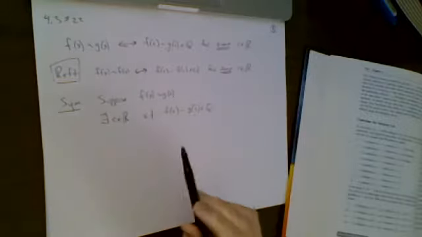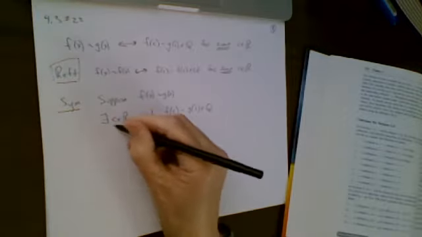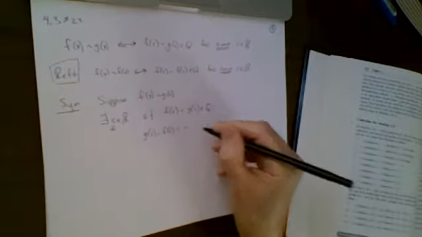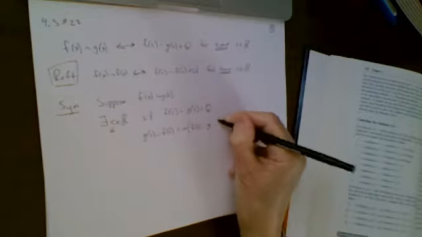So it might be that f of c minus g of c is rarely rational, but at least there's some point where f of c minus g of c is rational. Well, notice for this particular number, g of c minus f of c is the negative of f of c minus g of c.